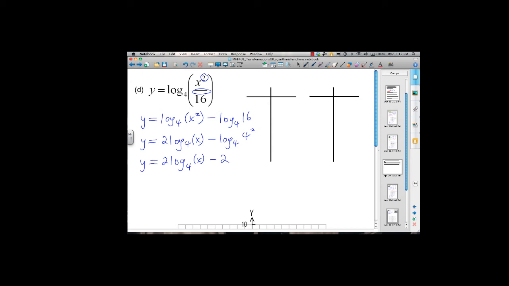So as far as the function we might want to picture to start out with here, again, if we're starting with the exponential, which is always a good idea, it would be 4 to the power of x, and then the base function we want to work from is log base 4 of x.